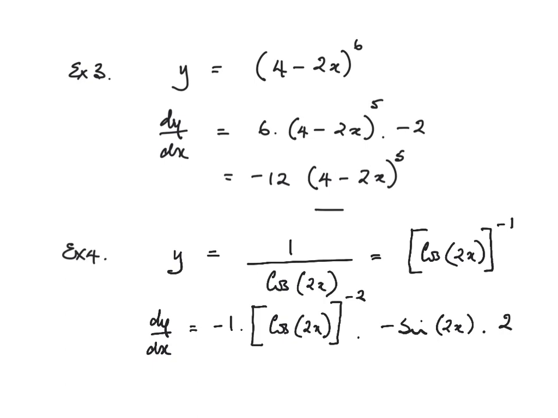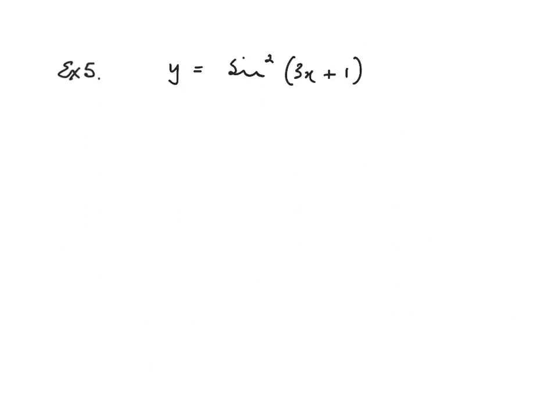This 2 is the derivative of this bracket here. So we have 2 sine 2x on top, and we could write that as cos squared 2x on the bottom.